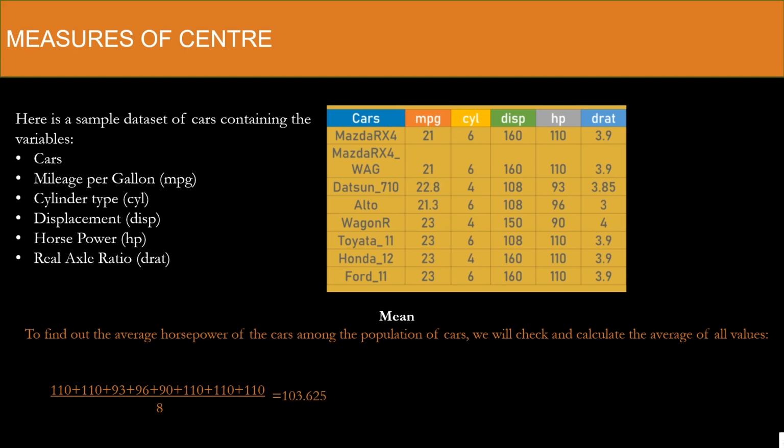This 110 represents the horsepower for the first car. Similarly, I have added up all the values of horsepower for each of the cars and divided it by 8. Now 8 is the number of cars in our data set. So 103.625 is our mean, or average, of horsepower.